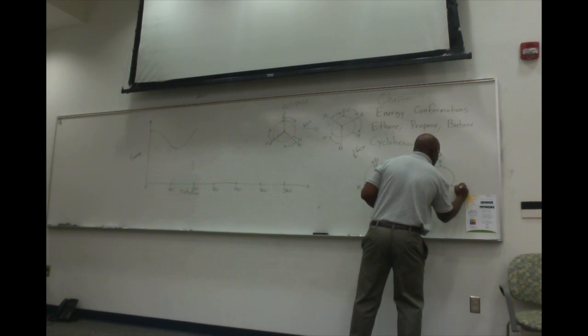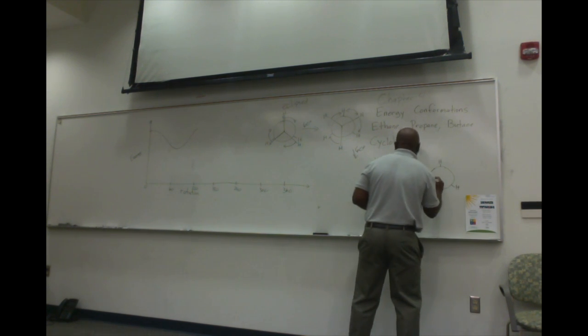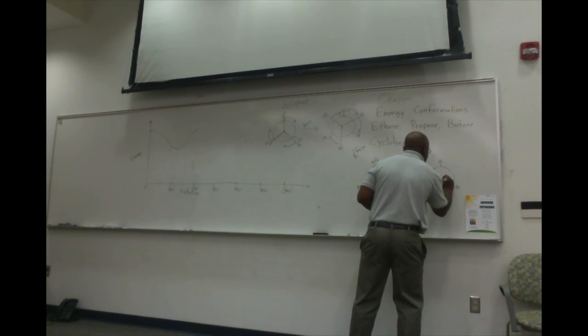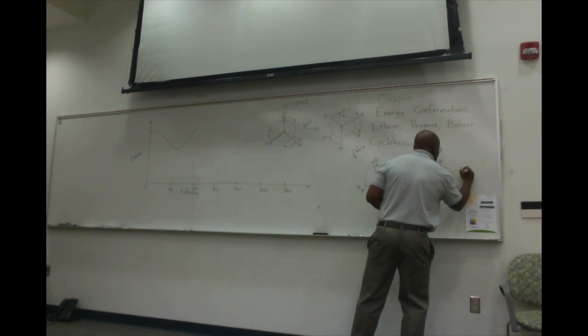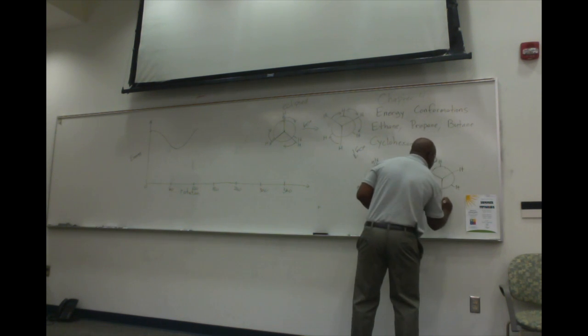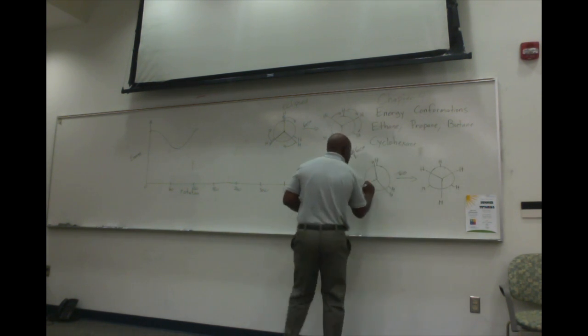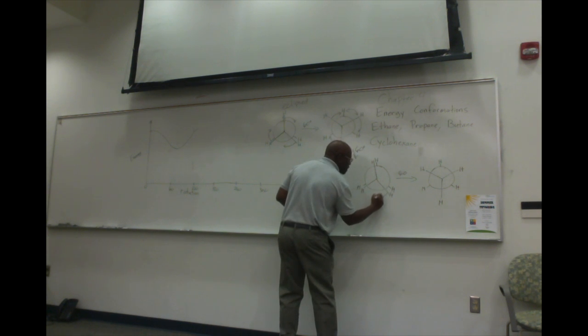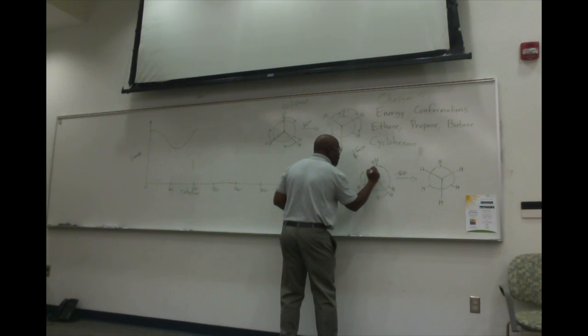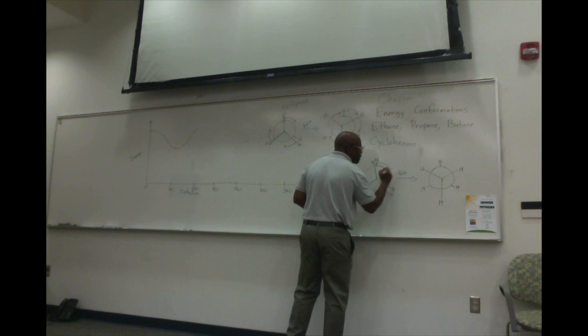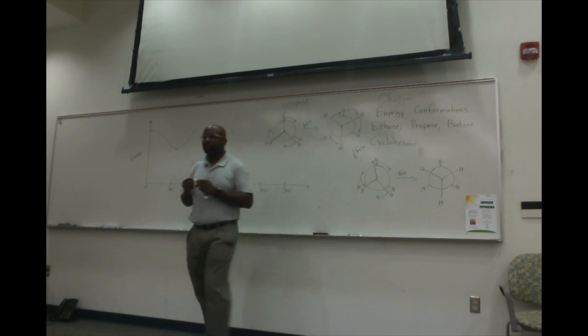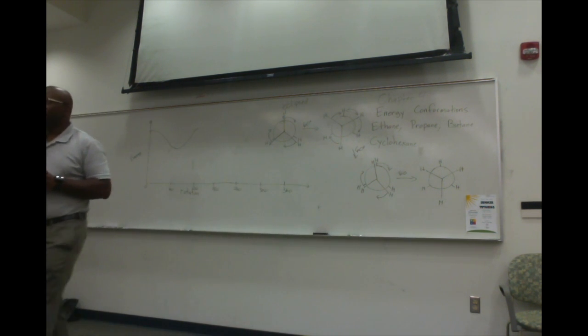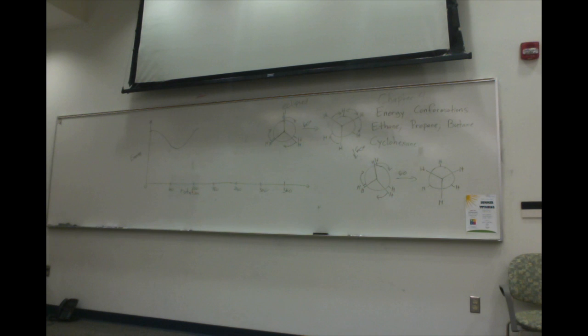H, H, H. I rotate another 60. This comes here. This goes up there. And that group goes there. So all I got are two arrangements. High energy, low energy. High energy, low energy.